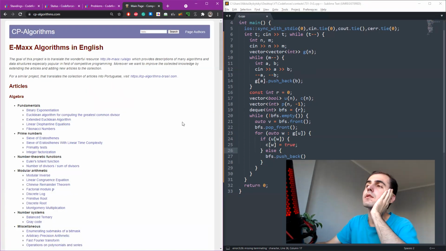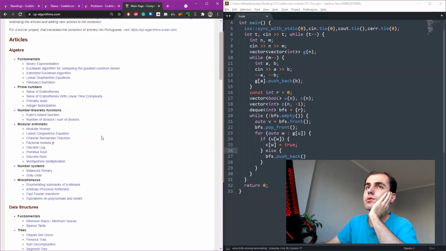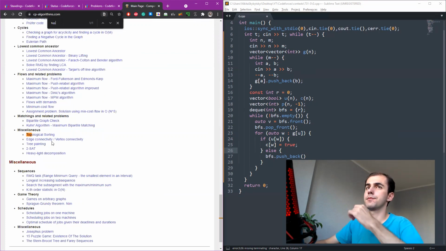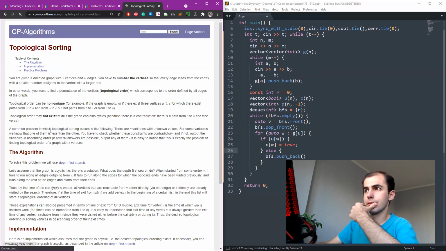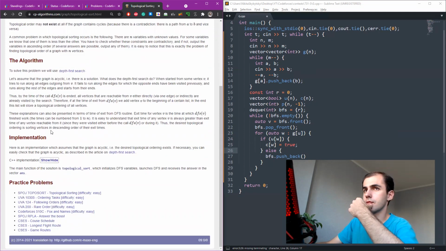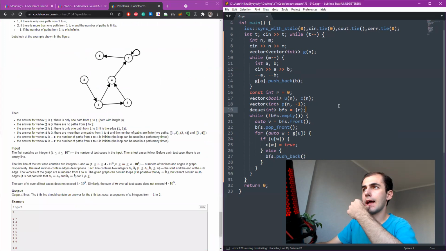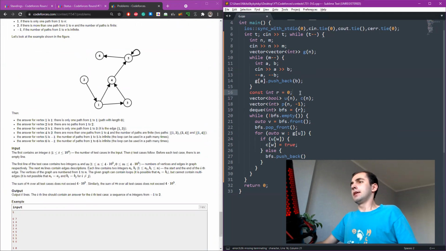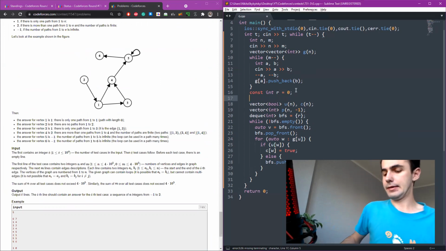Let's think about the following. What will happen to topo sort when it can't sort? Okay.